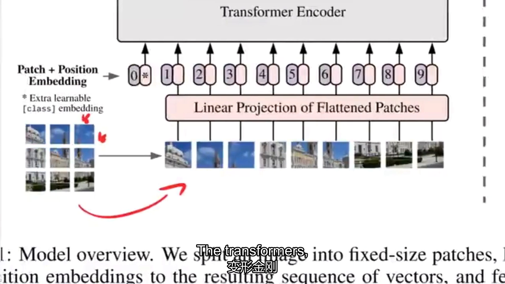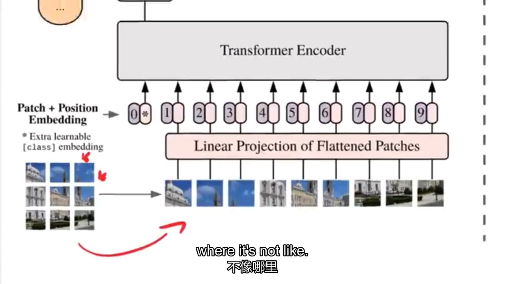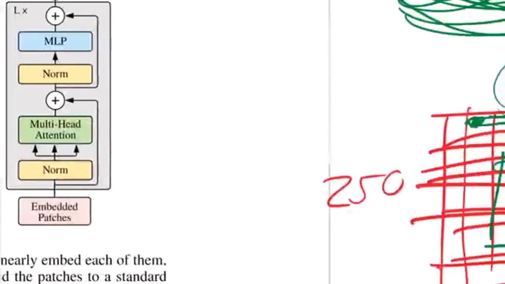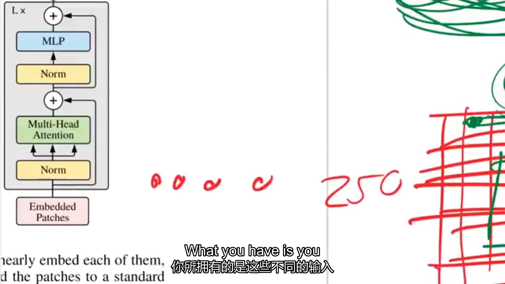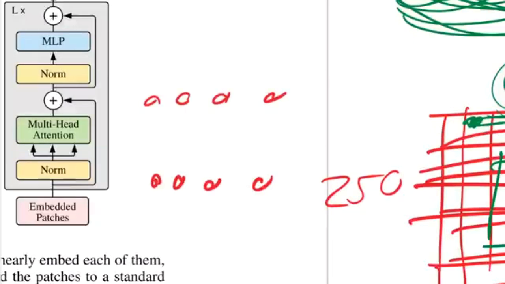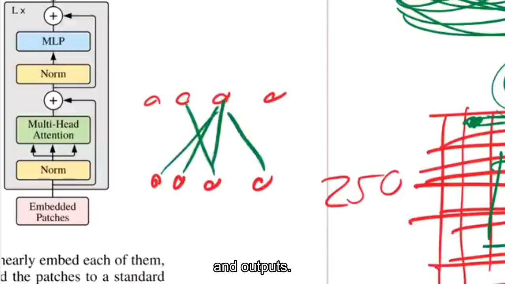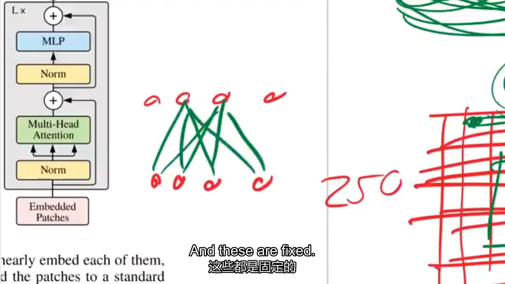So the transformers, naturally, have no idea what is where. The transformer, in a way, is a generalization of an MLP, of a feed-forward network. In a feed-forward network, you have connections between these different inputs and outputs, okay? And these are fixed.